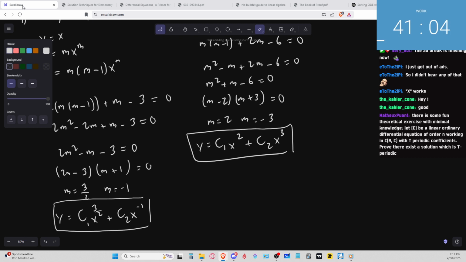There's some fun theoretical exercise with minimal knowledge. Let E be a linear ordinary differential equation of order n, working in R and C with T periodic coefficients. Prove there exists a solution which is T periodic.